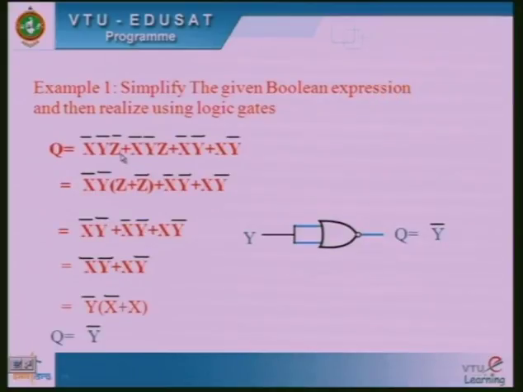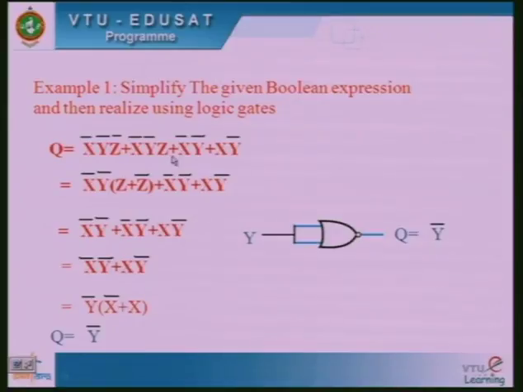Next, a few examples for simplification have been given. That is the importance here: the importance of simplification of a Boolean expression. Suppose Q is x bar y bar z bar plus x bar y bar z plus x bar y bar plus x y bar.